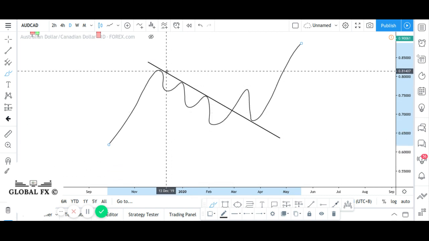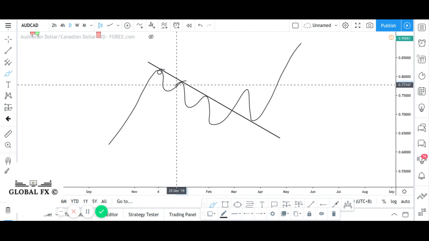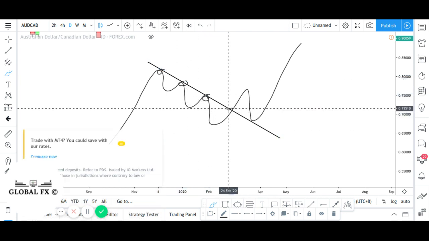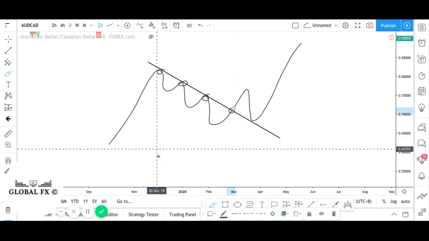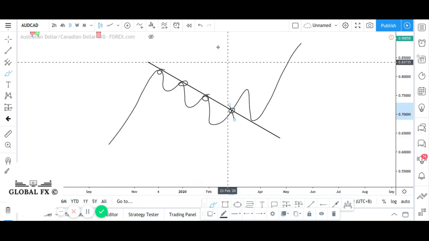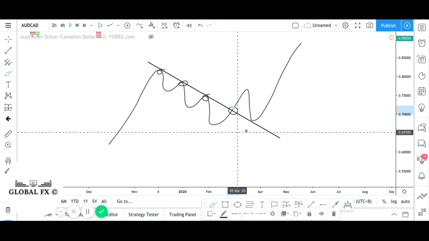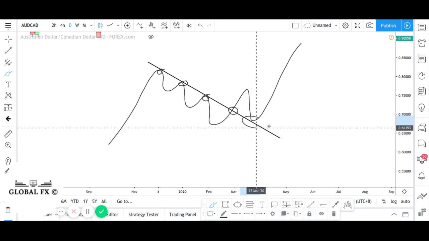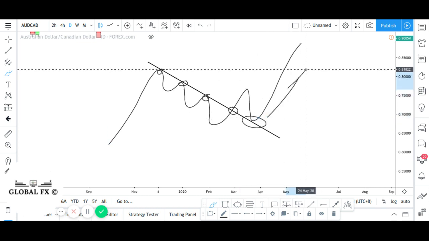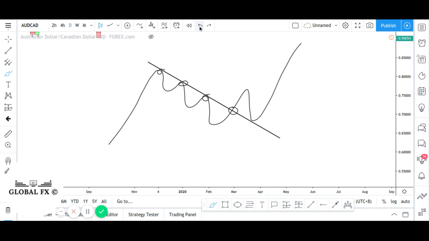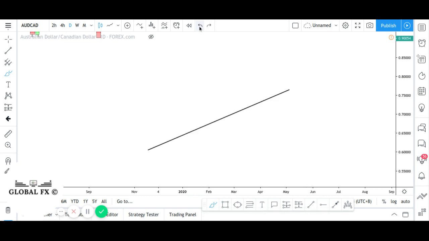Because we have resistance here, we have resistance here, we have resistance here. Once the resistance was broken out, basically the market broke out from the counter trend line, retested that counter trend line, and then continued its move to the upside. So this is how counter trend lines work, and it's very simple for you guys to understand.